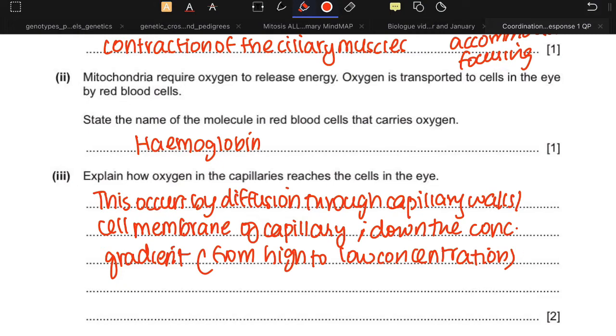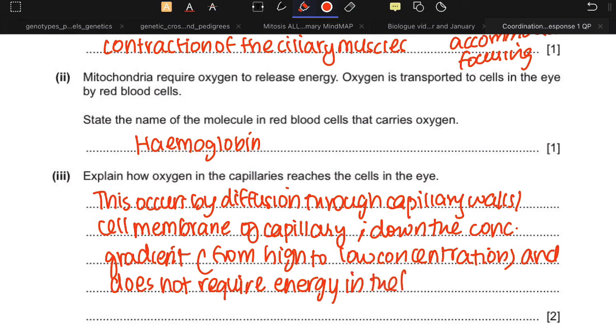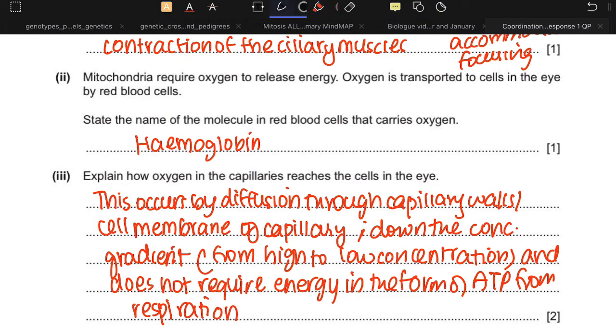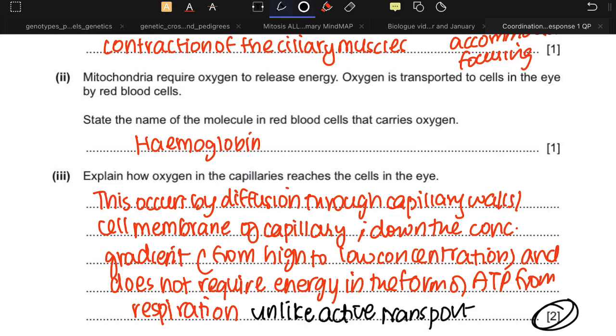So from high to low concentration, and does not require energy in the form of ATP from respiration, unlike active transport. So this already receives your 2 marks. In fact, it would receive 3 marks if it was higher, because you covered 1, 2 and 3 points.